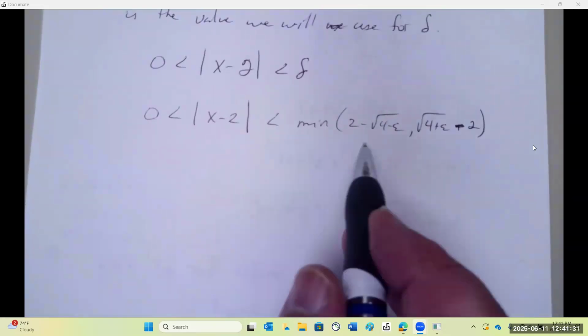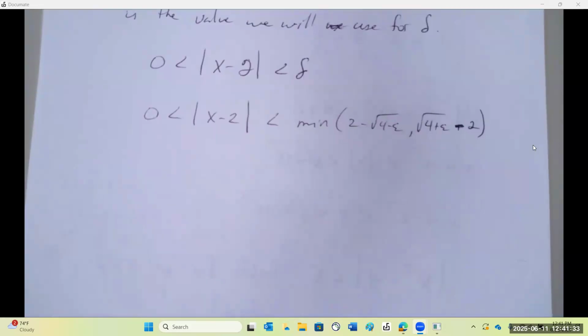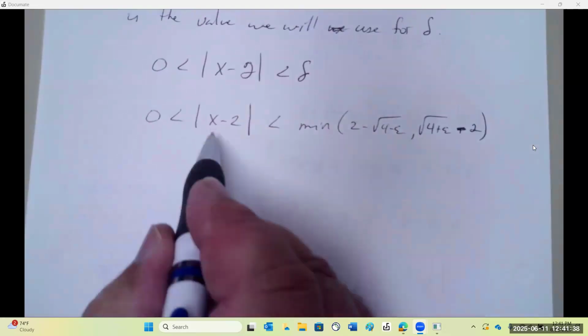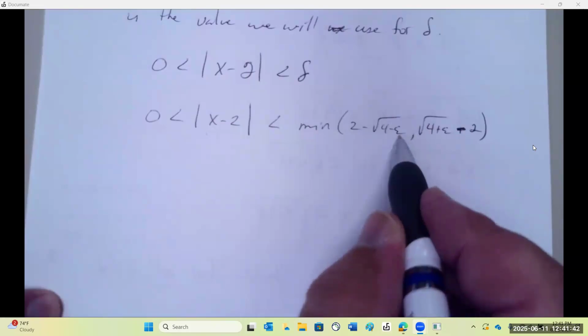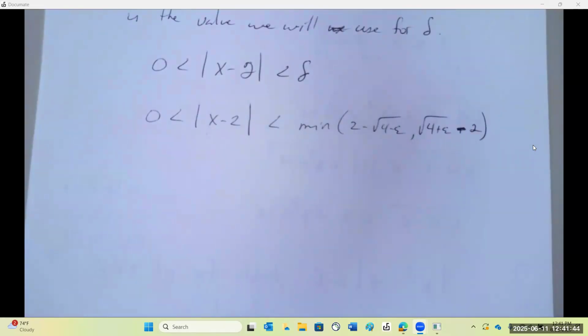Because with that, it's now going to make sure that we are on the innermost value, because our x values will now be inside whatever epsilon is.